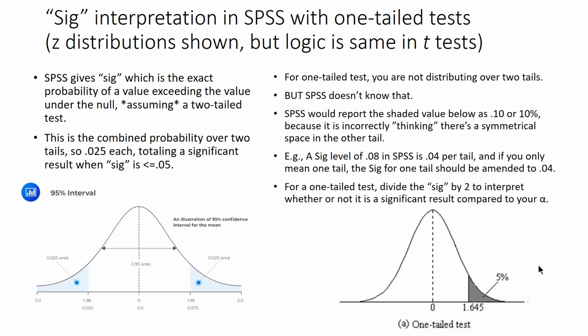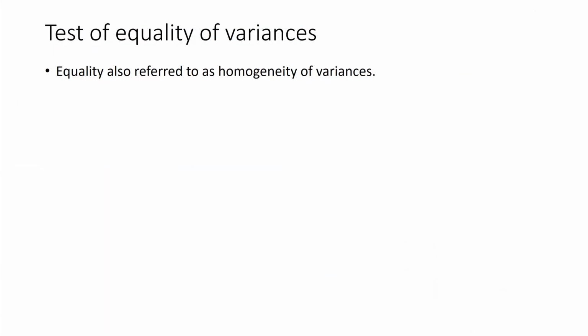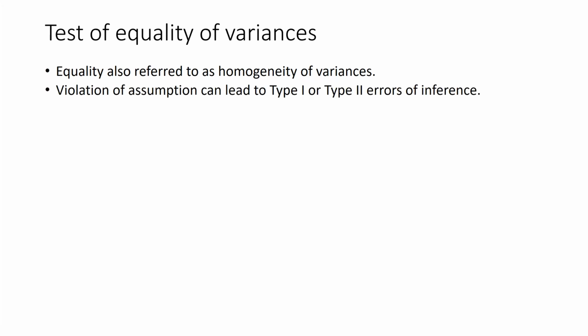Which is having to do with the test of equality of variances. So one of the assumptions is that variances in the 2 groups for the purpose of the inferential t-test are equal. That's also known as the homogeneity of variances. Violating this assumption can lead to either type 1 or type 2 errors of inference.